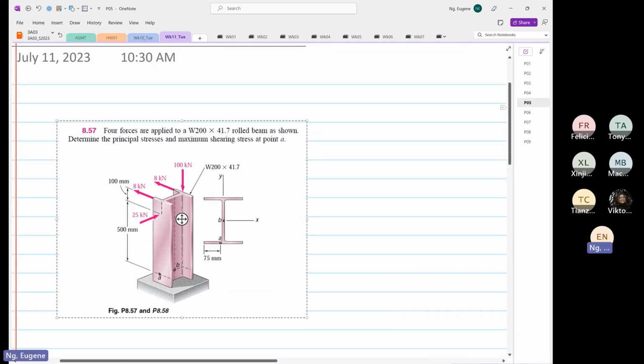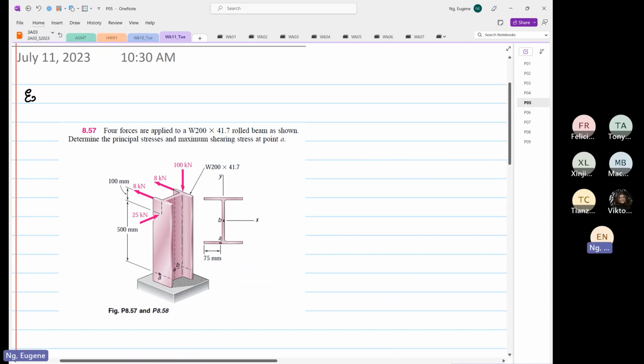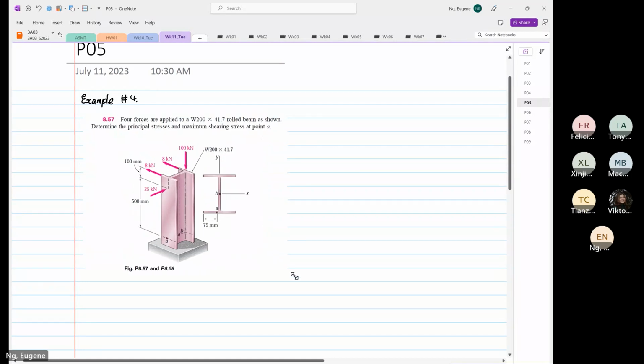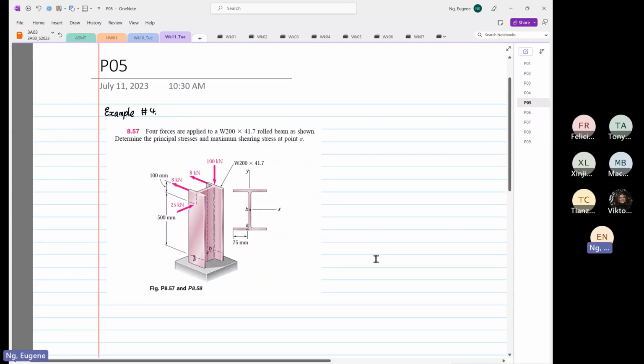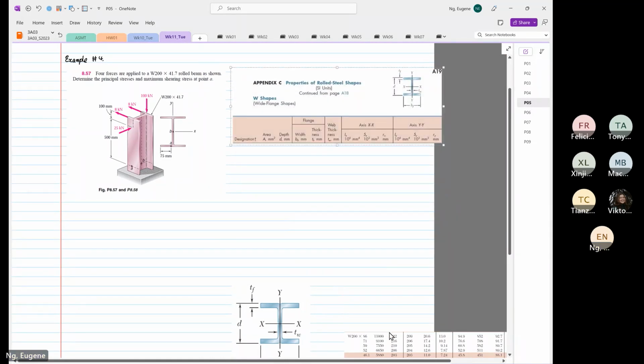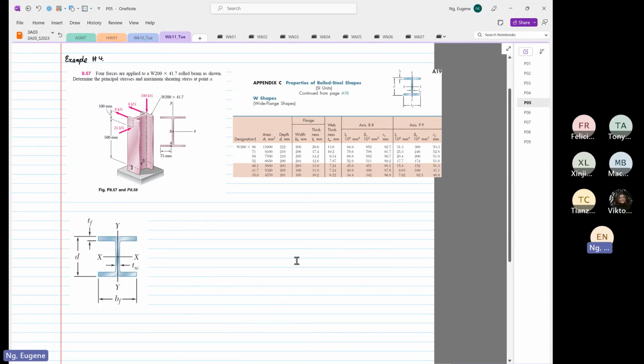You can see for yourself already, we don't do easy problems in this course. Then we have to get this information. Then I need this figure over here.